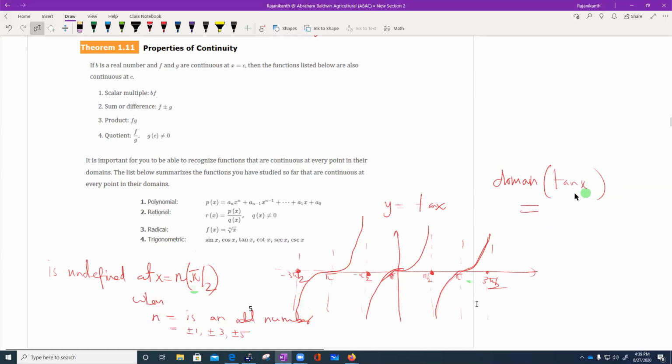Therefore, the domain of the tangent graph is all real numbers except at n times pi over 2, where n is an odd number, plus or minus 1, plus or minus 3.